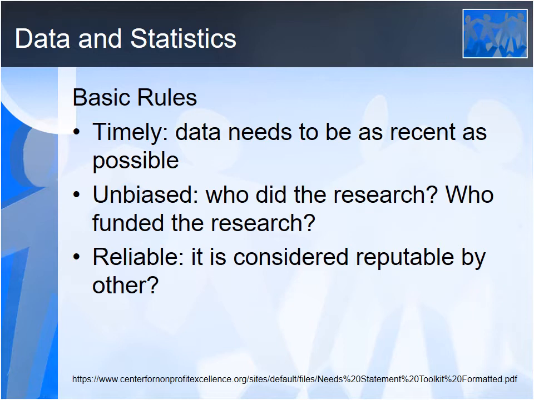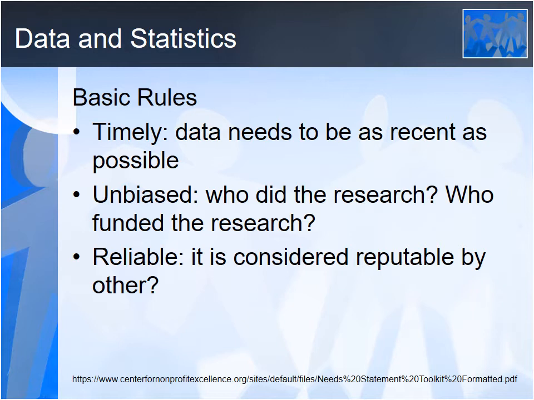You want to make sure that the data you report is unbiased. So you want to make sure that you kind of vet or evaluate who's producing the data that you're using. Unfortunately, on the internet, there are lots of biased sources of information. So we want to know who did the research and who funded the research.